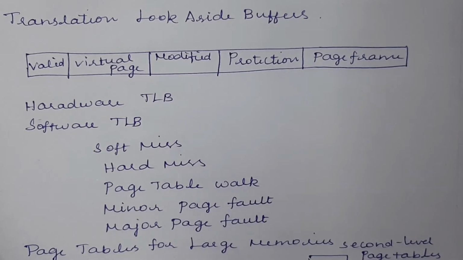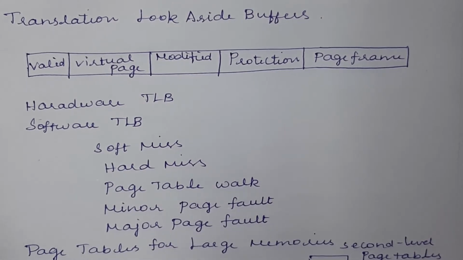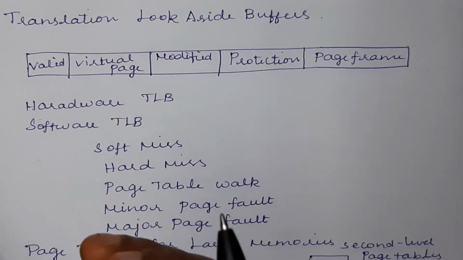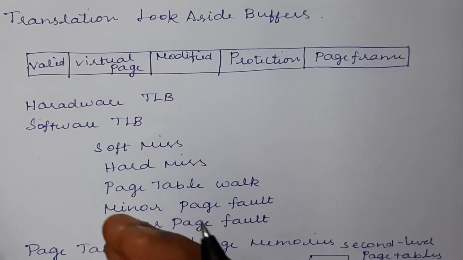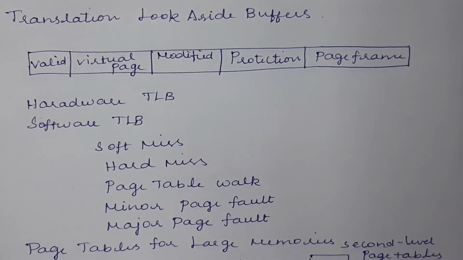In addition to the memory management unit, we have one specific hardware, the TLB, a temporary kind of register. Whichever page entries we have can be stored in this TLB itself. We are not going into the page table concept.